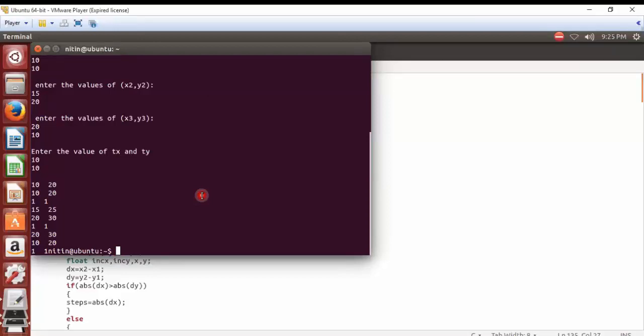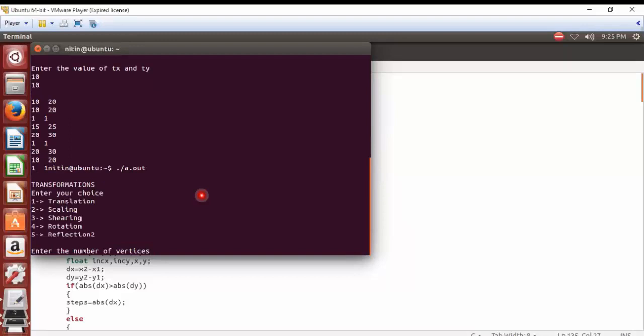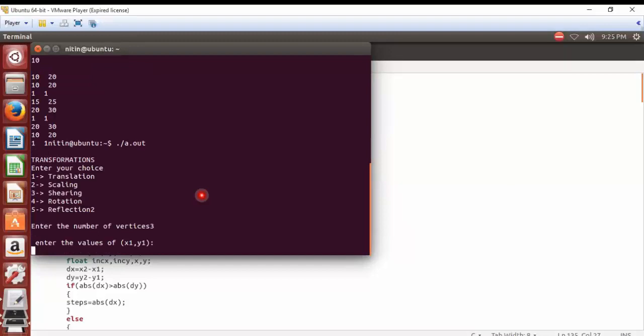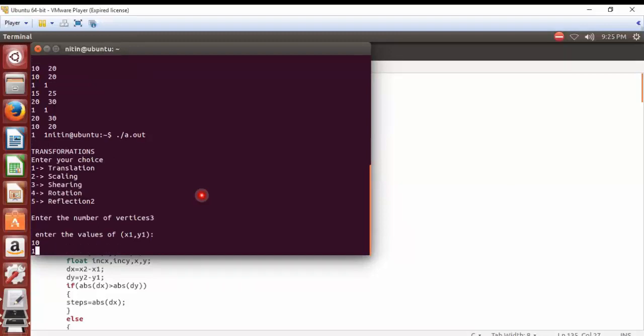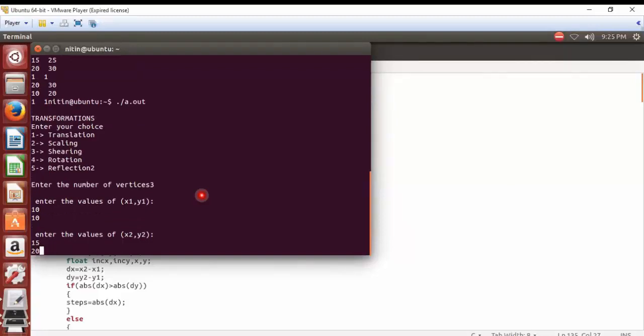Let's see the next transformation, that is scaling. So we will again execute it without compilation because compilation is already done. So next, scaling. Again, we will enter the same vertices. First point 10, 10. Second point 15, 20.